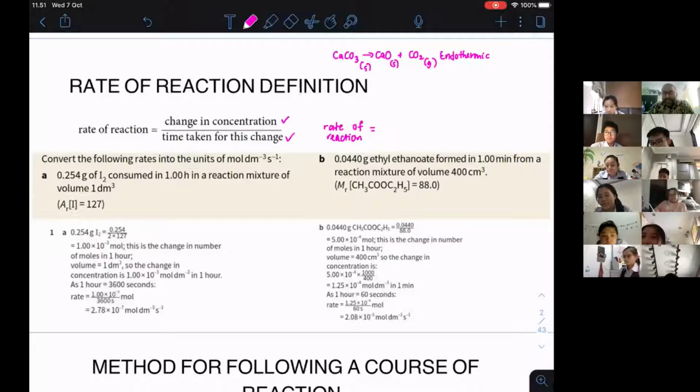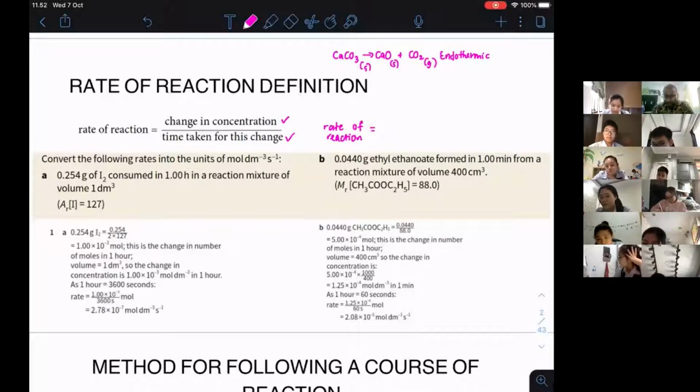Lavi, can you use change in concentration for reaction rate for this, using concentration for calcium carbonate? I think can, sir. No. How do you actually find the change of concentration? Concentration is number of moles divided by volume, and they are all solid. So cannot. Whenever gas is given out, there are many other ways you can measure.